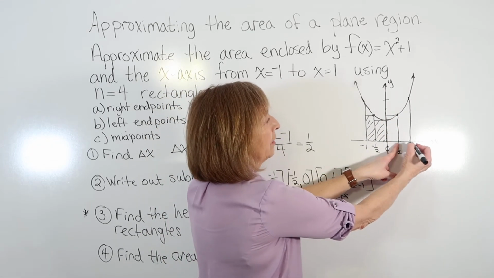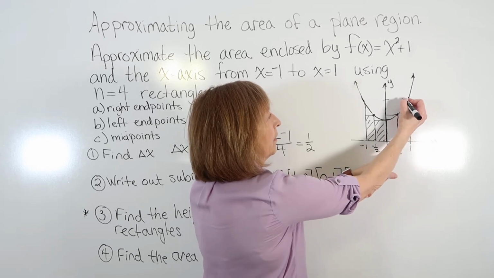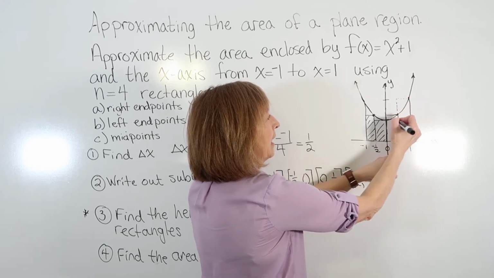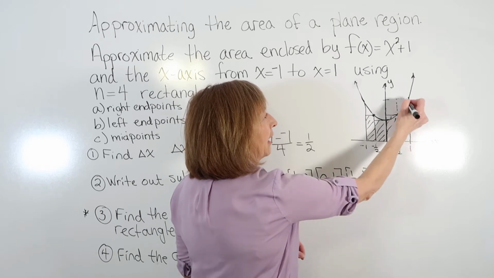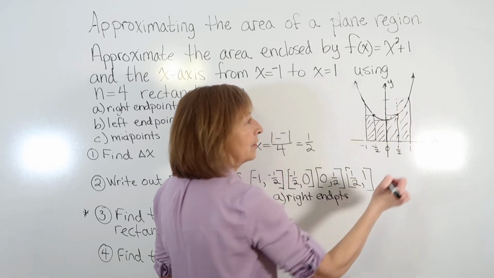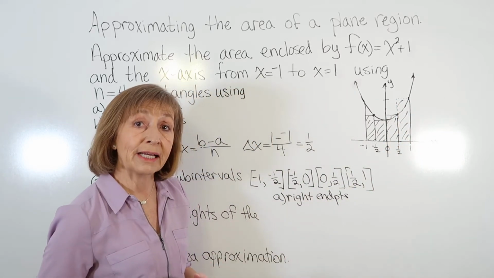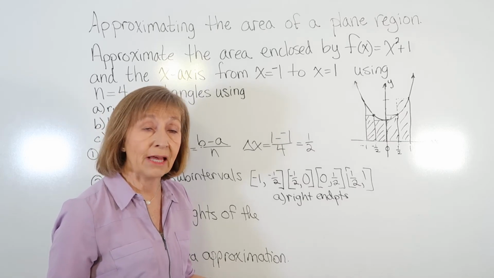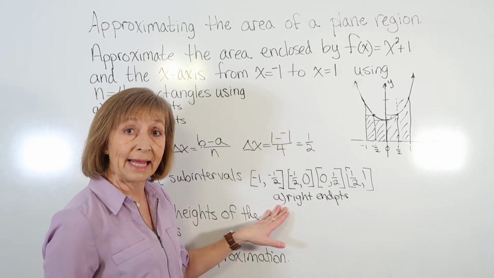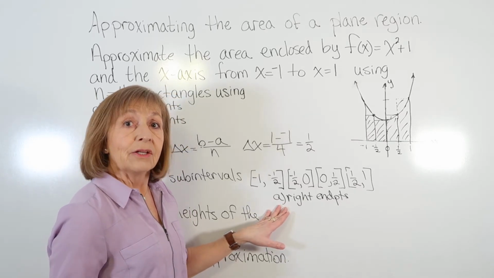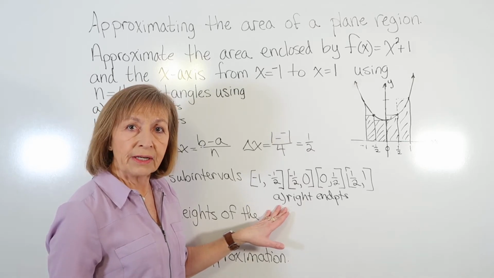And then again, right endpoint up, bring it over and down. And so then I'll get those rectangle areas that I want to add together for doing the right endpoints. So now let's see how we find those areas.